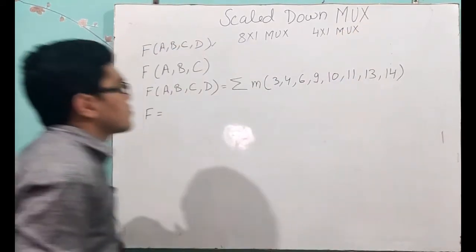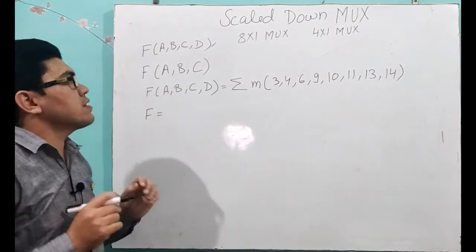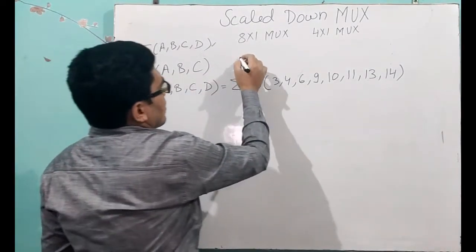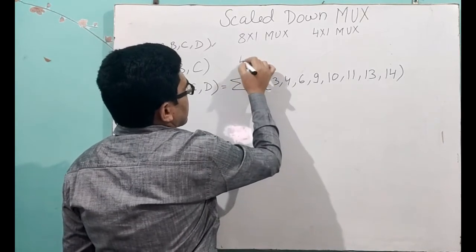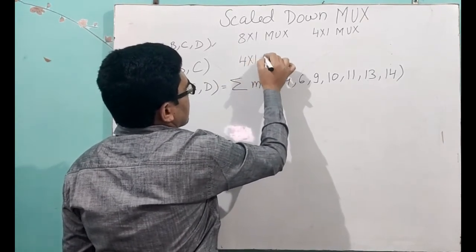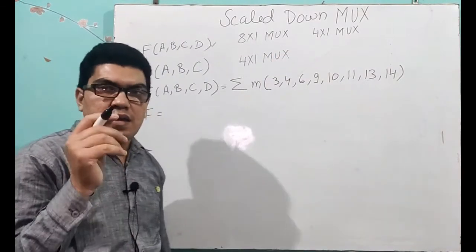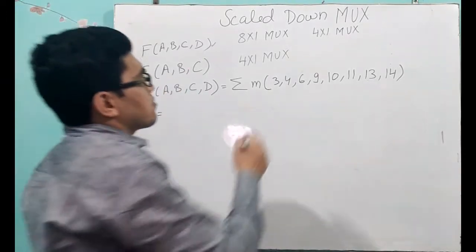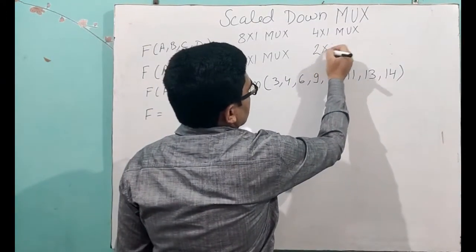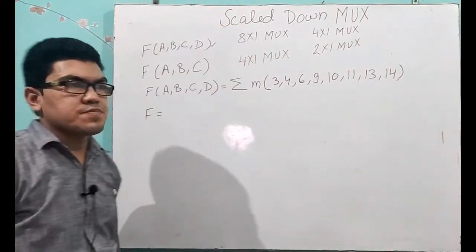multiplexer. Same as for 3 variables. If we are using a normal multiplexer, we will have to make a 4:1 multiplexer. But in a scale down multiplexer, we can implement this by using a 2 into 1 multiplexer.